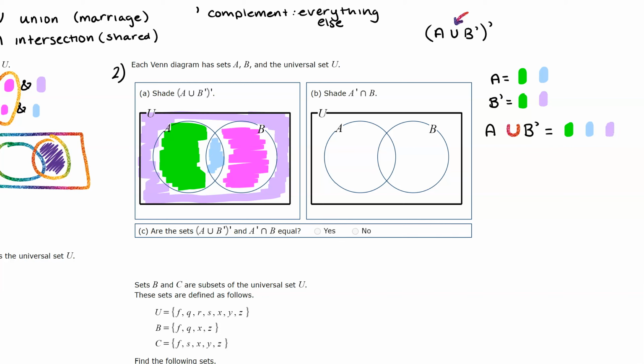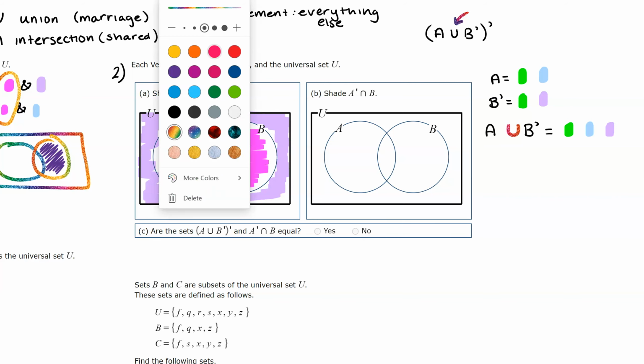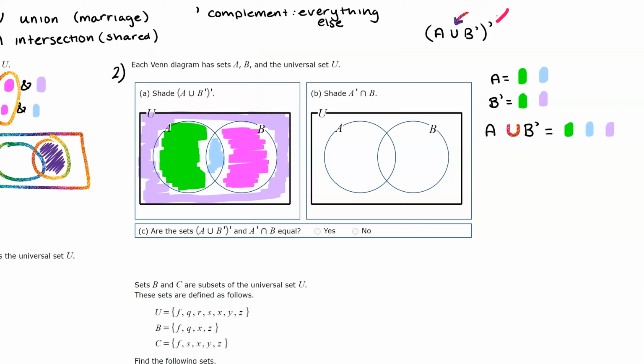Okay, so lastly, we want to do the complement of that. Remember, the complement means everything else. There are only 4 rooms here: green, blue, pink, and purple. If A union B complement is green, blue, and purple, then the complement of that will be everything else.